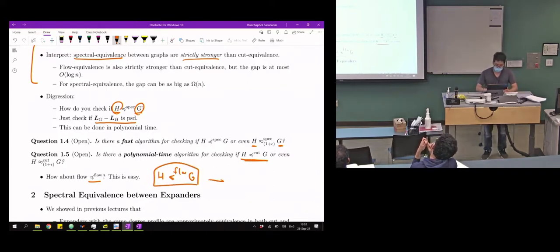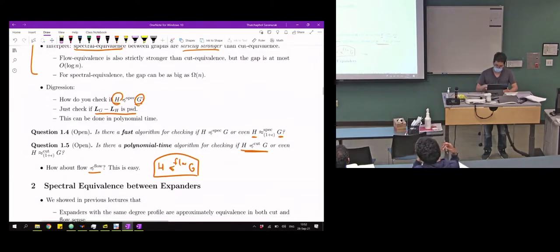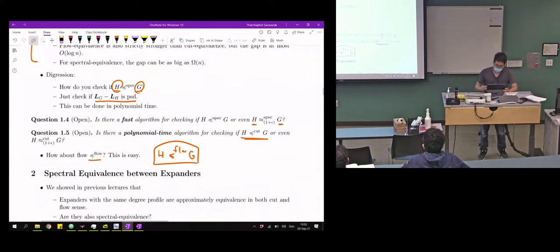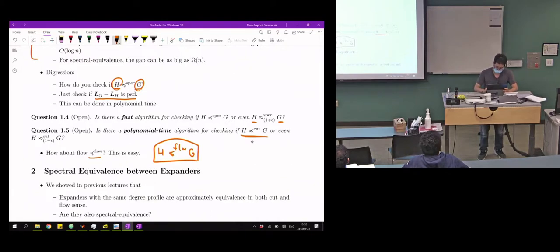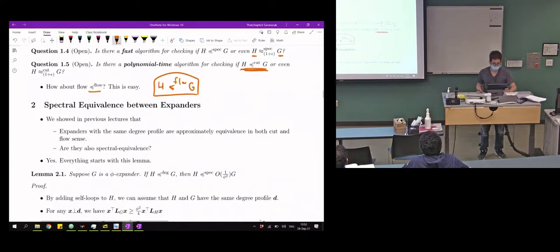And because you can check this, you know that if you allow a log n relaxation to this problem, you can solve it for cut. But if you want it exactly, it's not clear. Is it NP-hard? I don't know either.